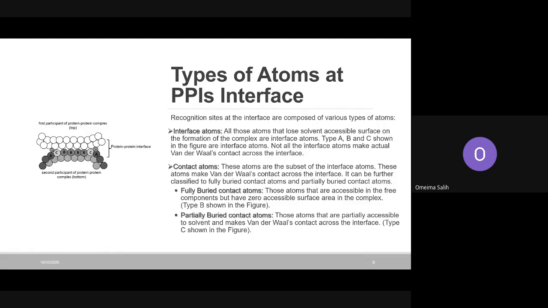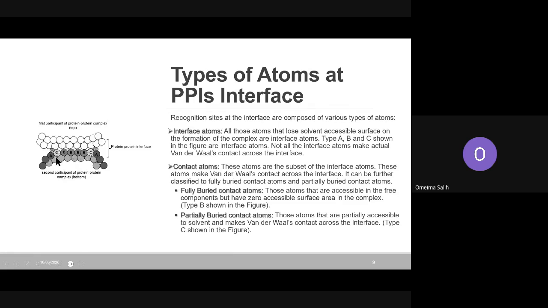Within the interface, there are different types of atoms. As you can see here from the diagram, these are two polypeptide chains. This is the interface between the two polypeptide chains, and we call this a protein-protein interaction, because there is a production of an interface between the two polypeptide chains.